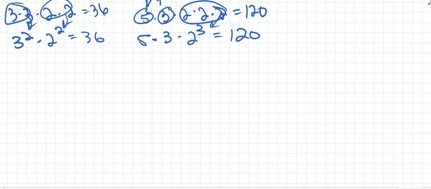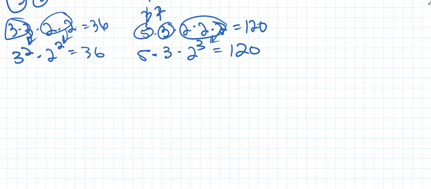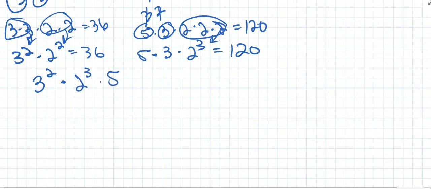Now, if you have the same intuition that I did when I saw this, you can see that if you combine 3 squared times 2 cubed times 5, you get a factor that they both have in common. Now I'm going to explain why that works.